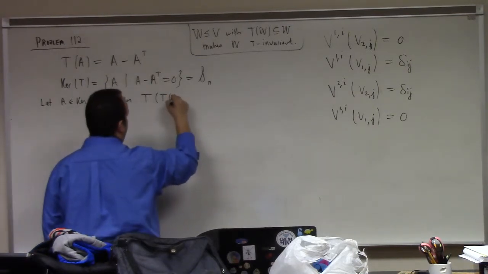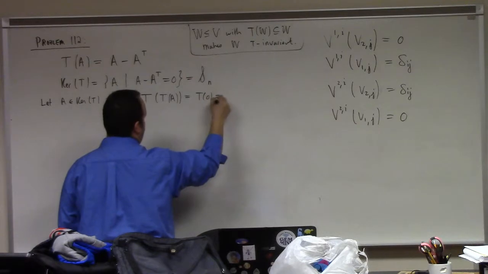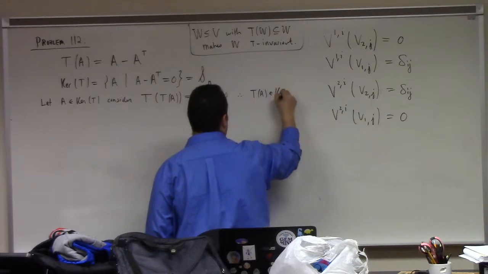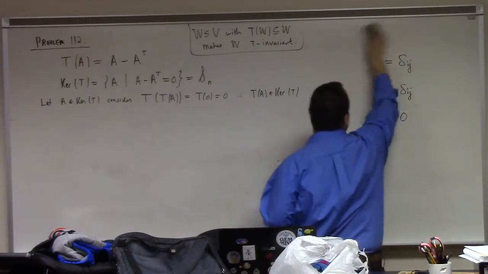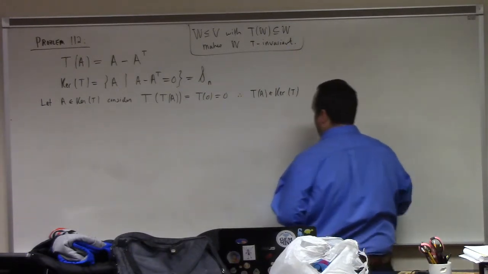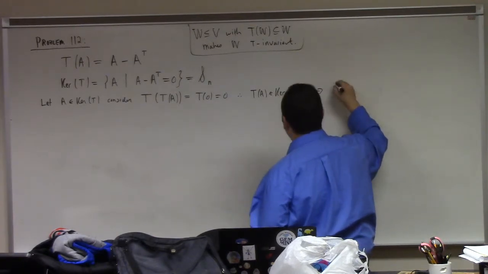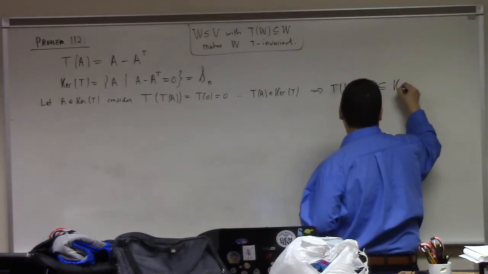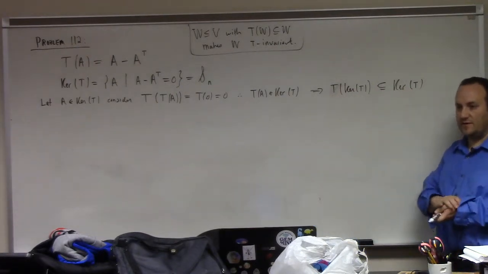Then that's T of 0, which is equal to 0. Therefore, T of A is in the kernel of T. And what does that say? That says that the image of the kernel is a subset of the kernel. If we take T of something in the kernel, we get something in the kernel, which is to say it's an invariant subspace.